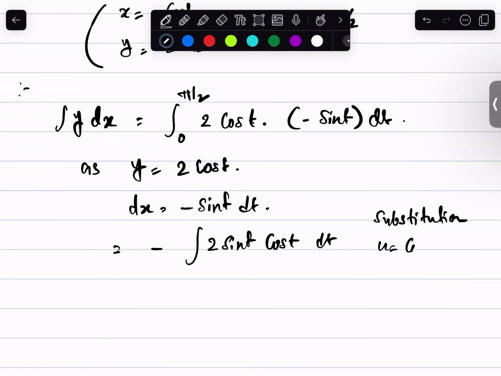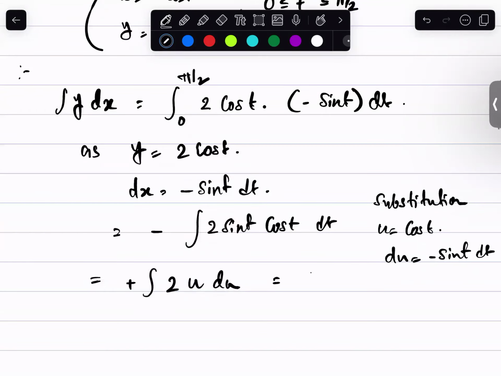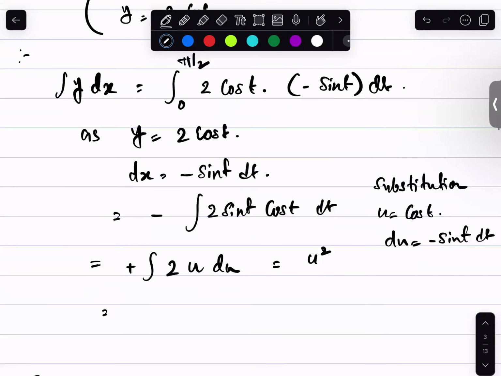Take u to be cosine t, then du will be minus sine t dt. So this will be minus plus 2 u du, right? Which is nothing but u square. And then I can again transfer from u to t.